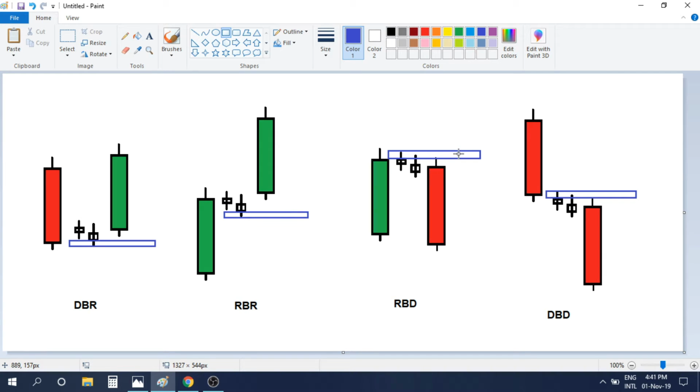So let me change colors and mark all three styles with different colors. Let's say the third way of marking is done with blue boxes, blue zones. Let me mark with the orange zone the second conservative way, which would be the highest body. It's the second way of marking the zone.